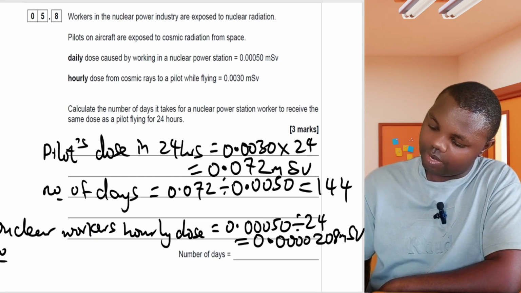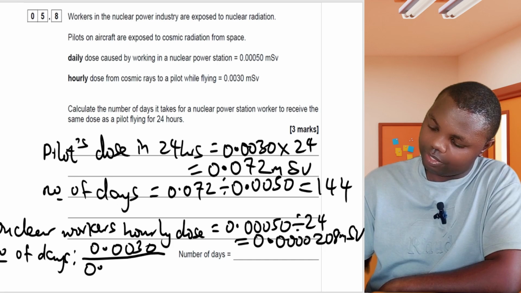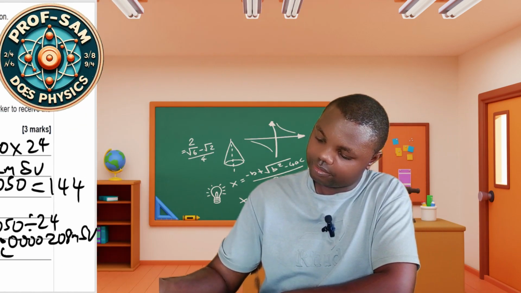So the number of days now will be 0.0030 divided by 0.0000208, which also gives us 144 days. So you can see both of them give us 144 days.